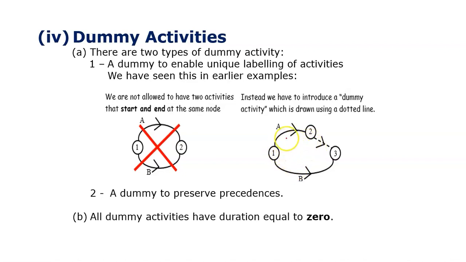So what we do instead is we introduce this dummy activity, and then it's okay. There's a variety of ways you can do that. There are other times when you need them to preserve precedences, but I don't think I've seen too many of those. The one I would worry about for you is this one here. And notice all dummy activities have duration equal to 0, and I've talked to you about that before.